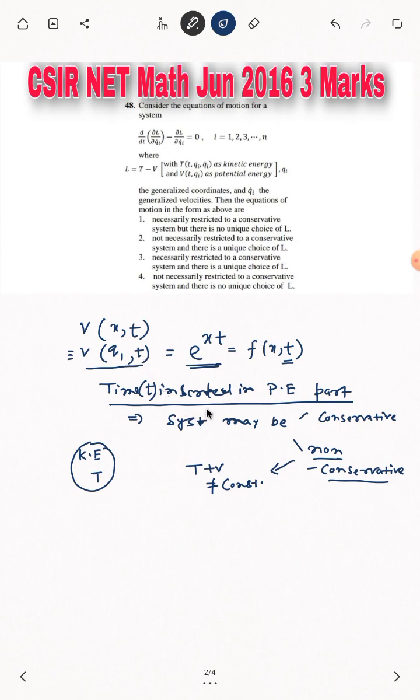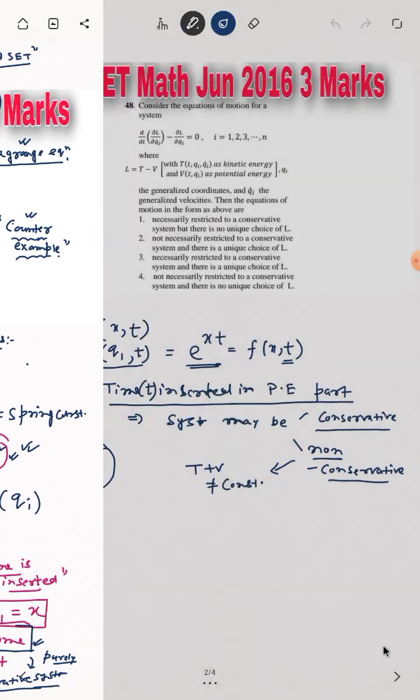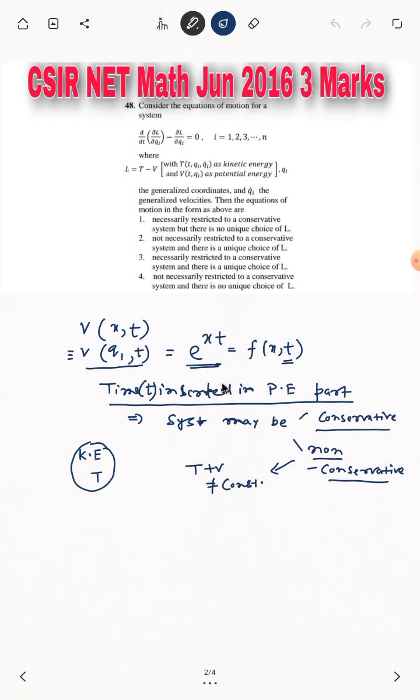If time is inserted, it may be conservative, it may be non-conservative. For a purely conservative system, we should not have time in the expression of V. When V is free from time, we have a purely conservative system. But when time is inserted, it may be conservative, it may be non-conservative.